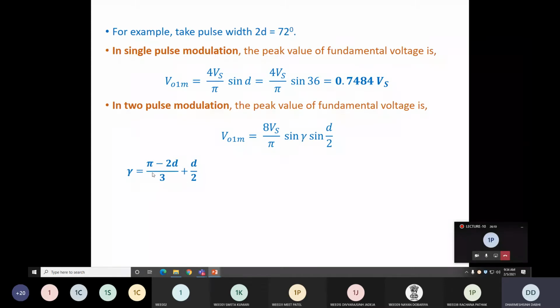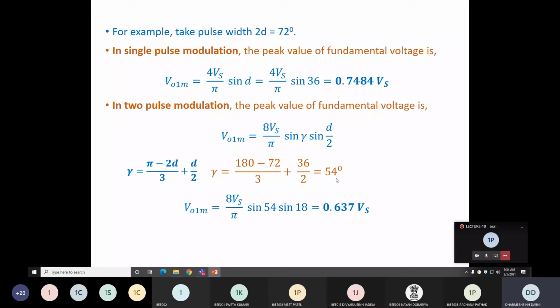And the gamma equation is pi minus 2d by 3 plus d by 2. Put the value of d is equal to 36 or 2d is equal to 72, so you get gamma 54 degree. If you put this value of gamma and d in this equation, you get the peak magnitude of the fundamental component, that is 0.637 times Vs.